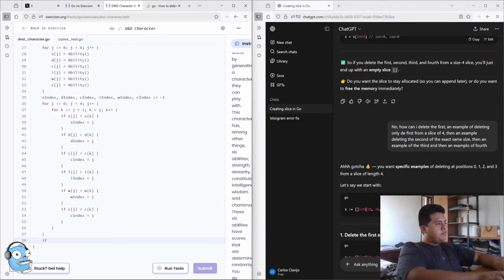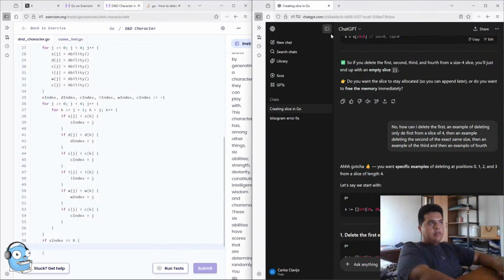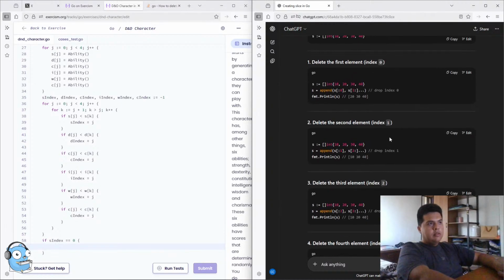If s index equals 0, first of all, I don't need you.